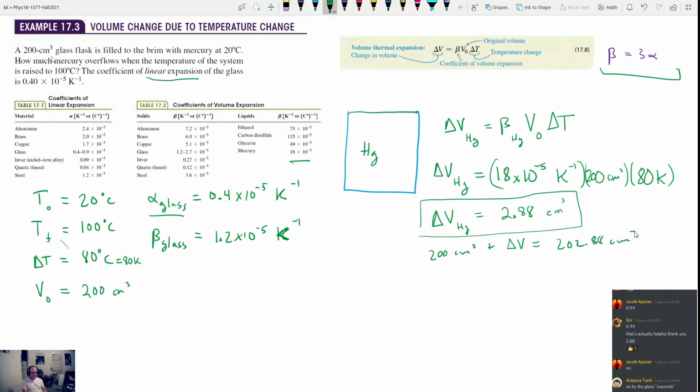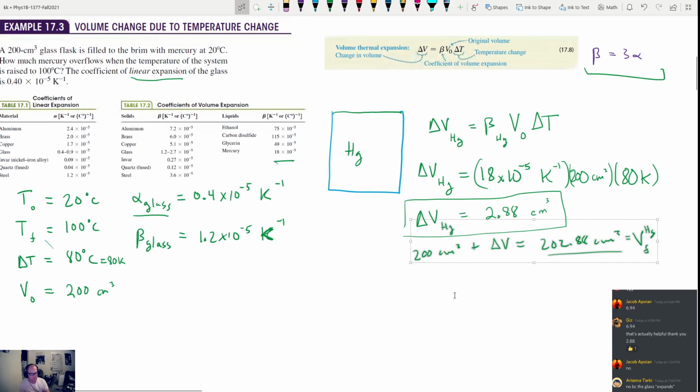This would just be the final volume then. You don't always have to do that. It really just depends on what the problem is asking, right?